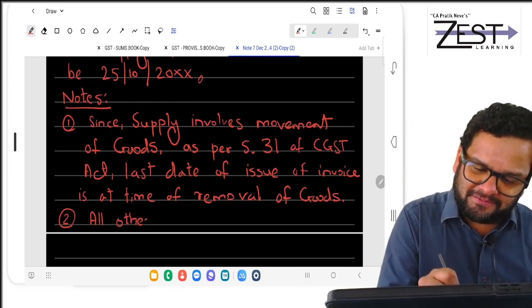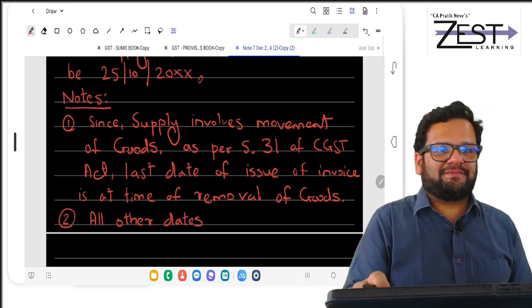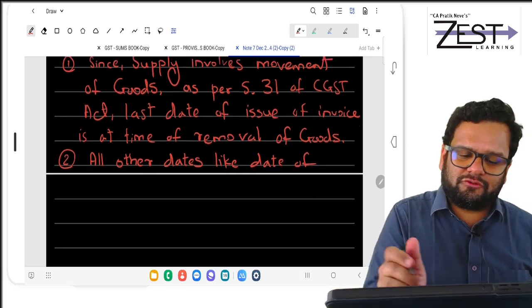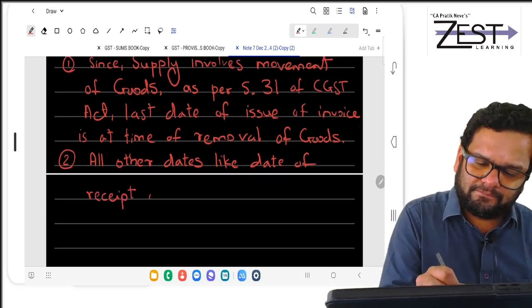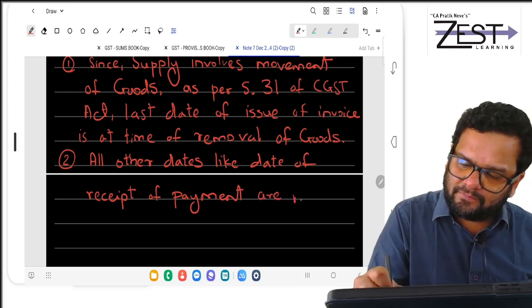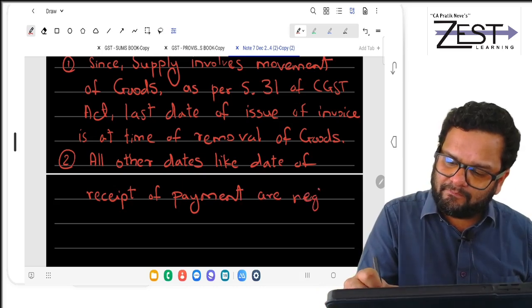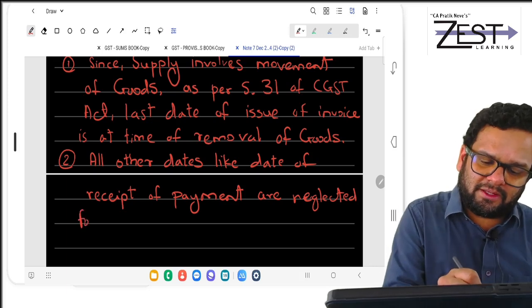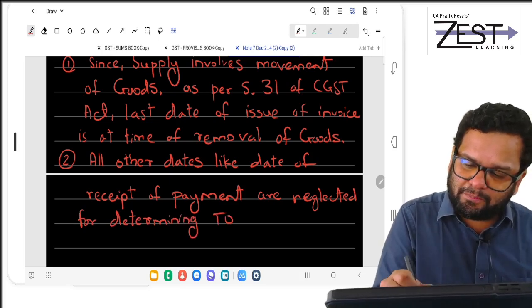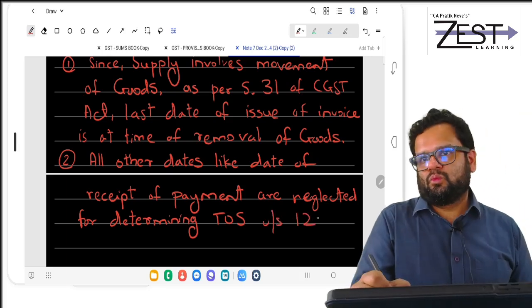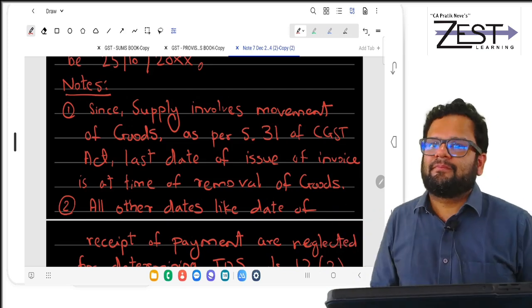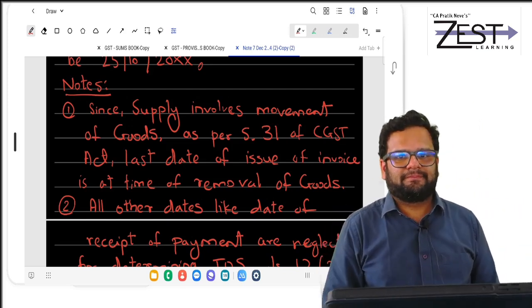All other dates like date of receipt of payment are neglected for determining time of supply under section 12(2). Accepted?